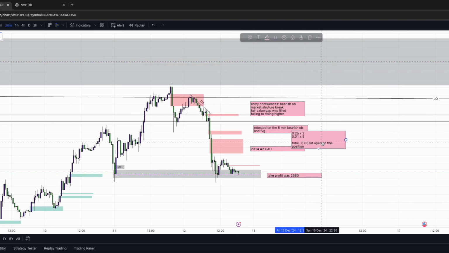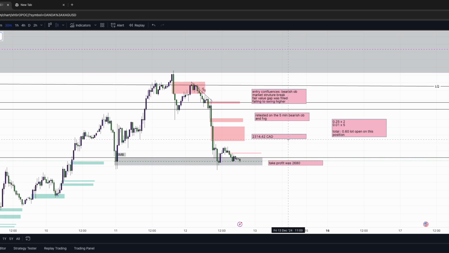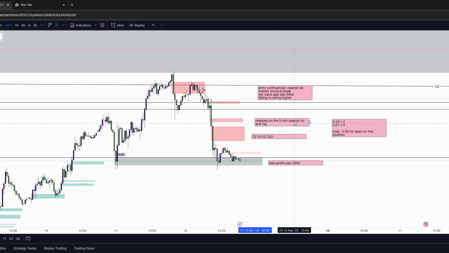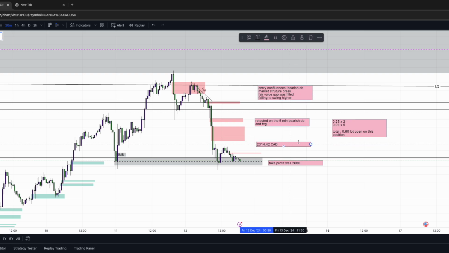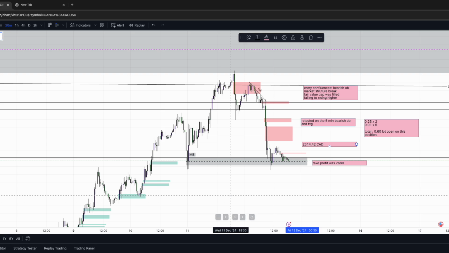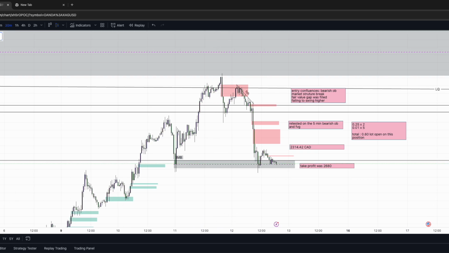And I'm going to show a screenshot of my trade on the side. But yeah, that's my trade for today. Let me put the date so I can remember. 12/12/2024.